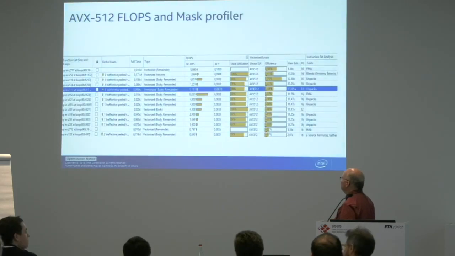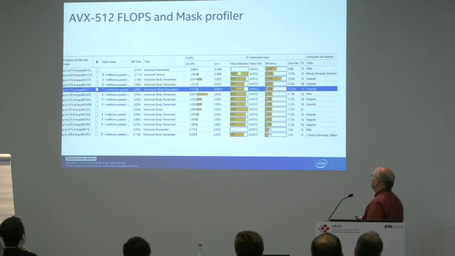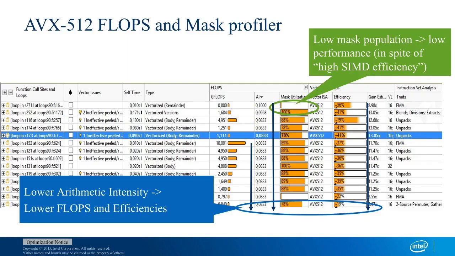With the mask profiler, you see it can deliver the mask utilization, and here you see the loop that looks very good from the efficiency and arithmetic intensity, or best from the arithmetic intensity, shows up to have the worst mask utilization. So you have to look at all the factors to get the complete picture here.